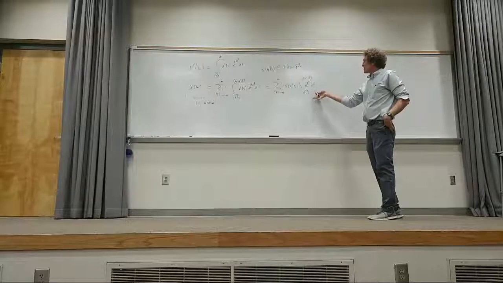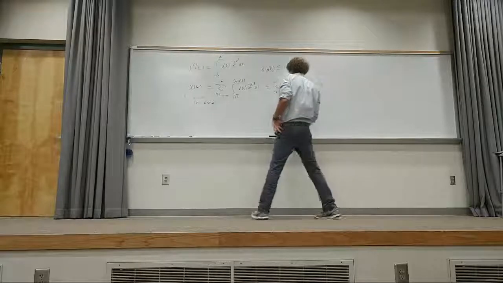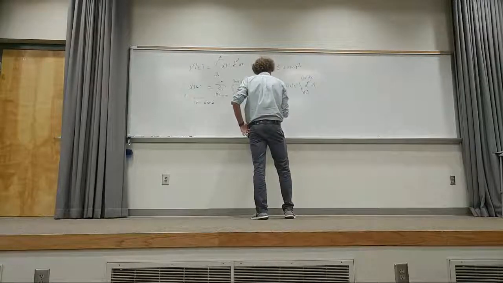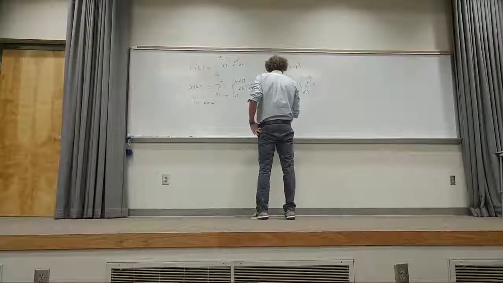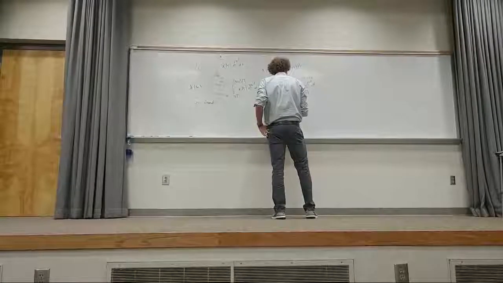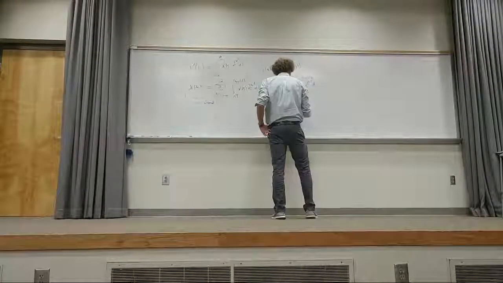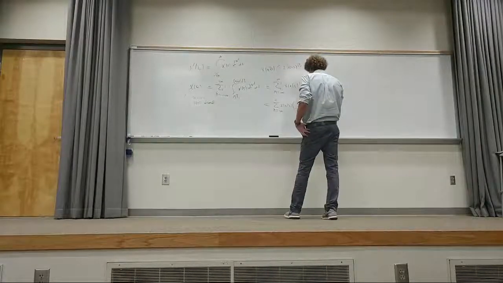Now, is this a doable integral? Absolutely, isn't it? So what happens when I do that integral? I'll do it below here. Now I have the summation n equals minus infinity to infinity of x of nTs here. And then I have what? I have 1 over minus j omega when I integrate e to the minus j omega t dt.